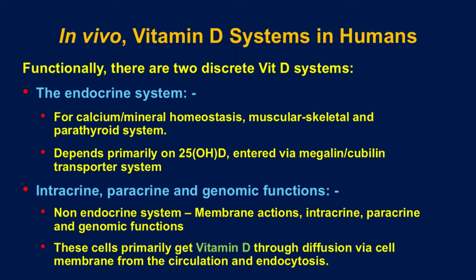Its target is the musculoskeletal system, but also the parathyroid gland, predominantly depending on this hormonal form of vitamin D, calcitriol, in the circulation, which is, as I said, about 900-fold lower than the 25-hydroxy vitamin D.